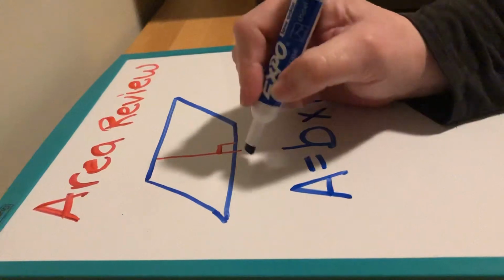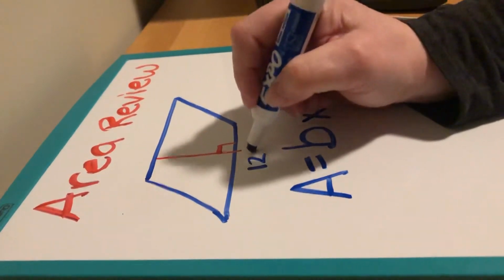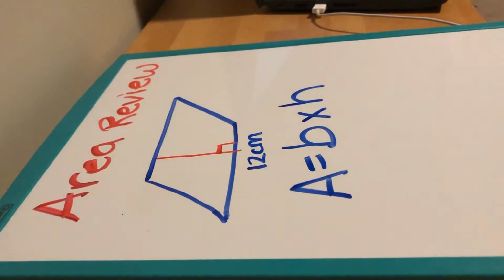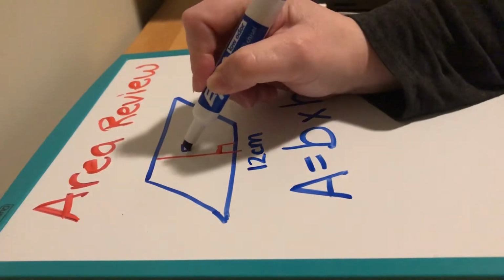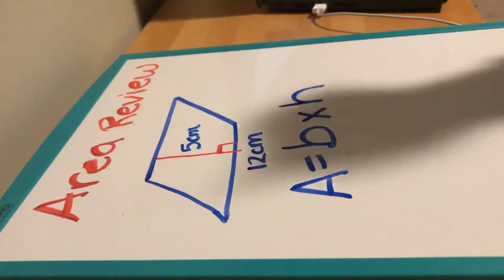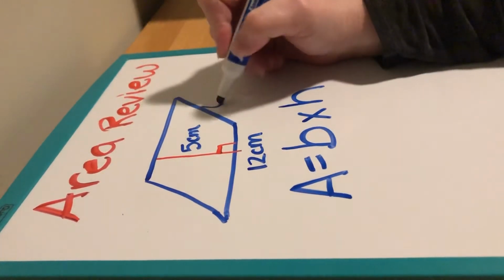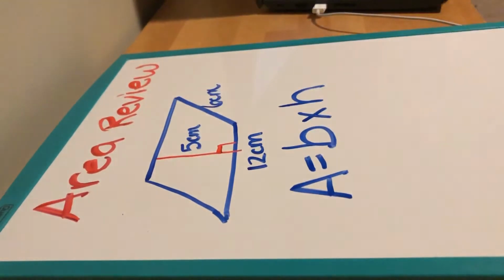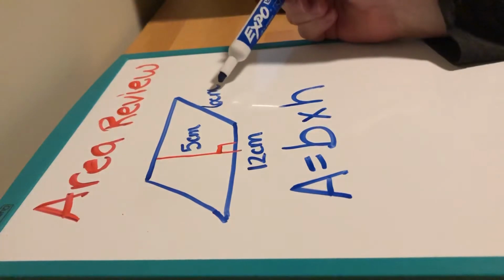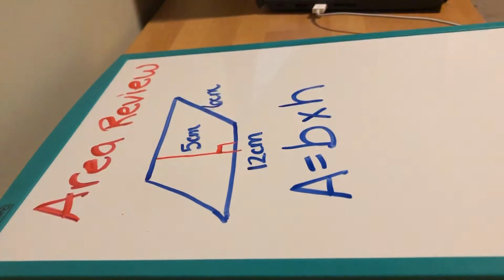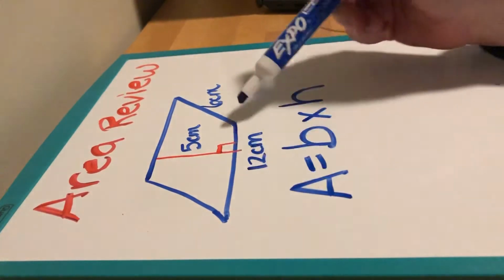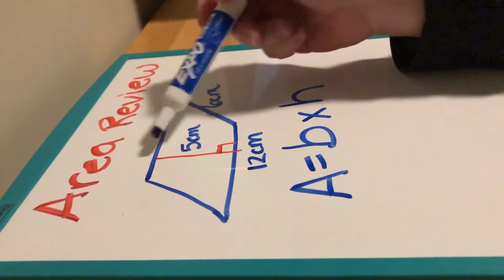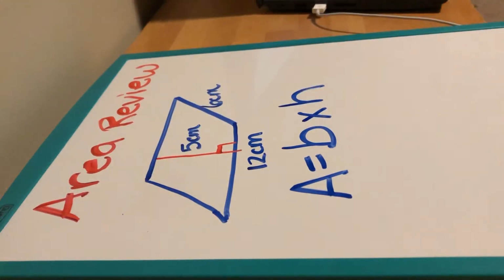So in this case, if my base is 12 centimeters and my straight uppy-downy is 5 centimeters, my diagonal is probably 6 centimeters. Now, if I was using perimeter, I would need my 6 centimeter diagonal line. But for area, I only need the base and the straight uppy-downy perpendicular line.